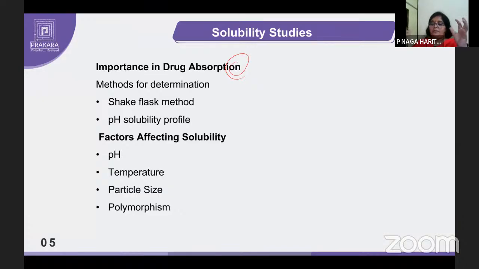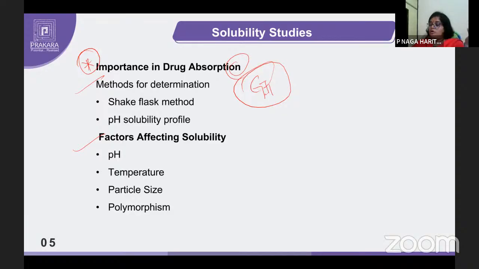Now let me break this down into subheadings, like methods for determination and the factors affecting solubility. Solubility has the most important role in drug absorption because it plays a very crucial role in dissolution of the drug in the GIT, which is where all the drugs get absorbed.